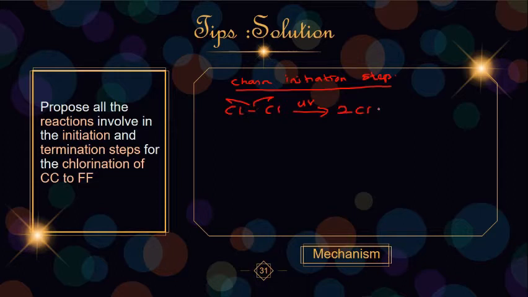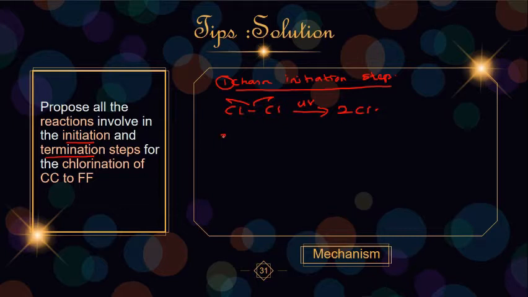So you form here 2 Cl free radical. This is for initiation step. Okay, this is actually for initiation step. So now we go, okay, actually this is the first step. The second step is supposed to be propagation step. But the question only mentions initiation and termination step only.